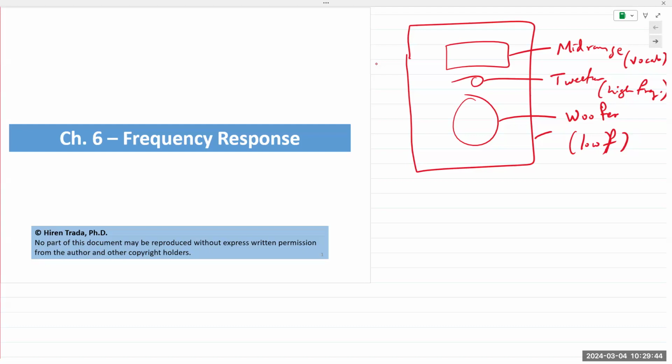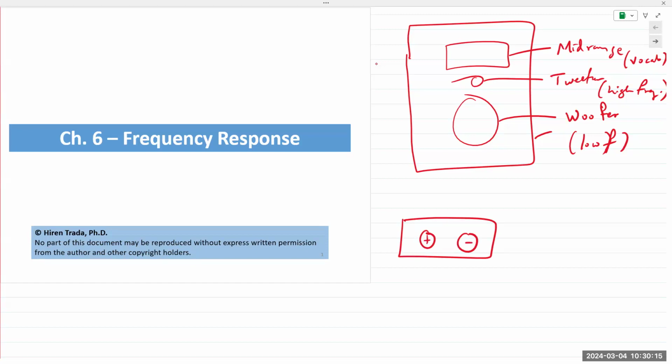Okay, so depending on the wavelength of the frequencies, well, actually, let's not get into the physics. Let me come back to the main point. So the speaker box has three different drivers. Yet, if you look at the back of the speaker box, you'd have a connector with only two terminals, meaning only one wire or one cable is going in there. That one cable will have, of course, two wires, one for positive, one for negative.